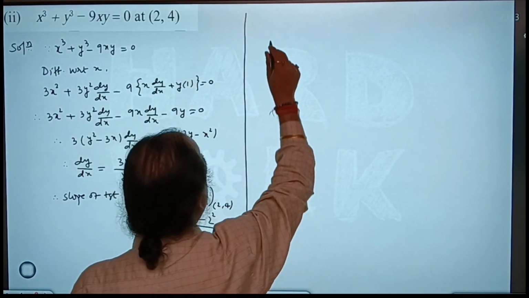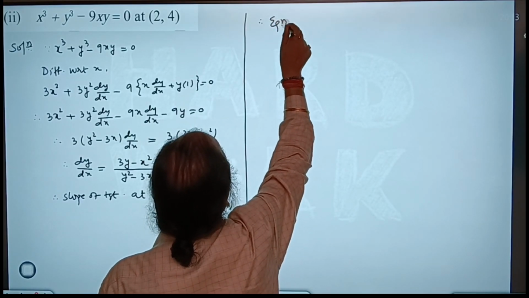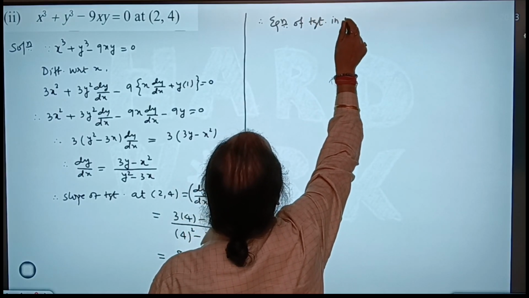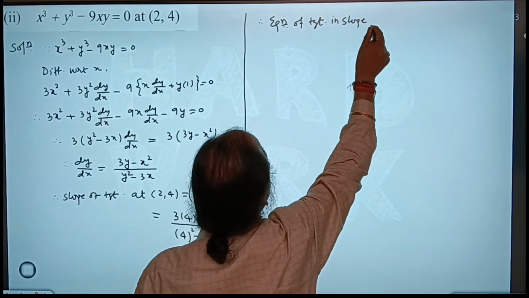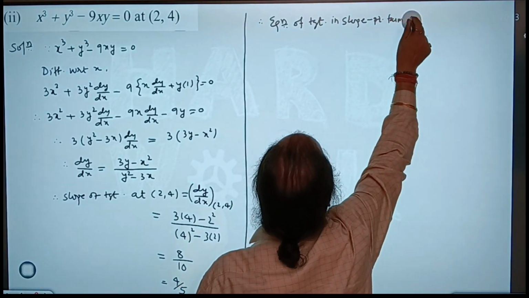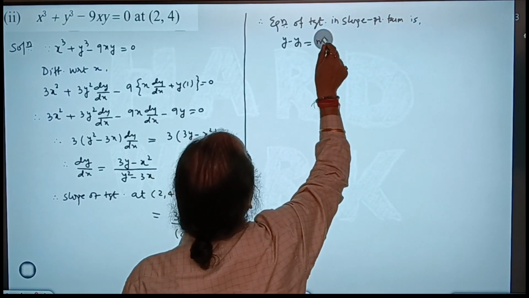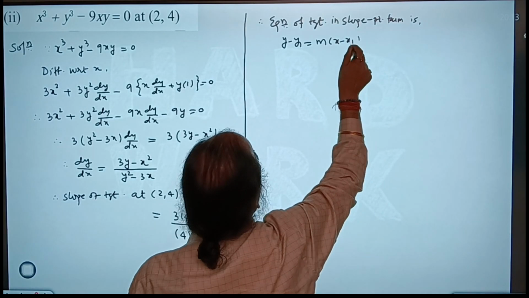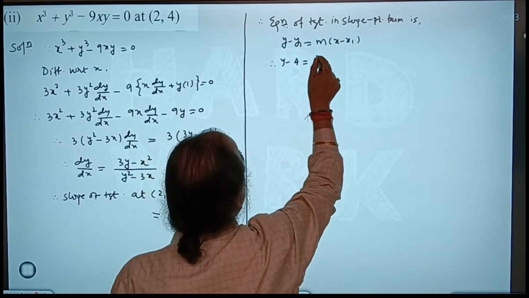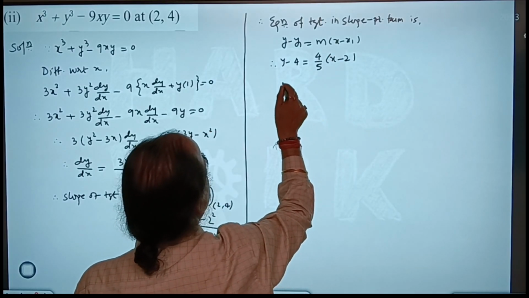Therefore, equation of tangent in slope point form is y minus y1 is equal to m into bracket, y minus 4 is equal to 4 by 5 into x minus 2.